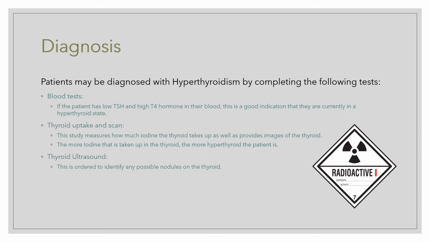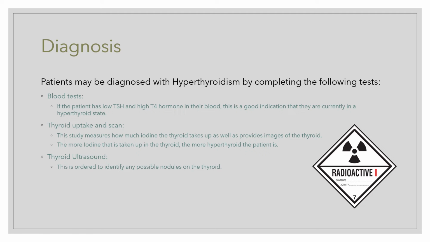The patient comes back at 6 hours and 24 hours after the pill has been taken and is measured with an uptake probe to see how much of that iodine was taken up by the thyroid.